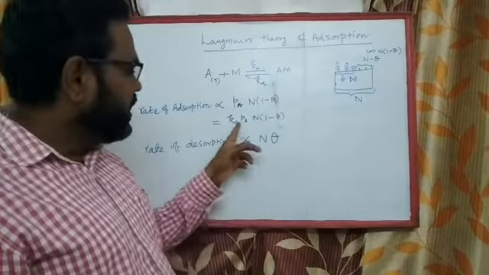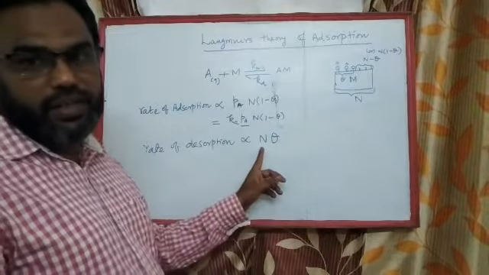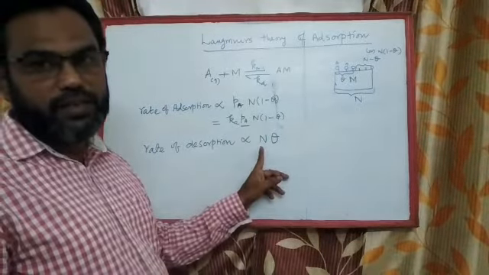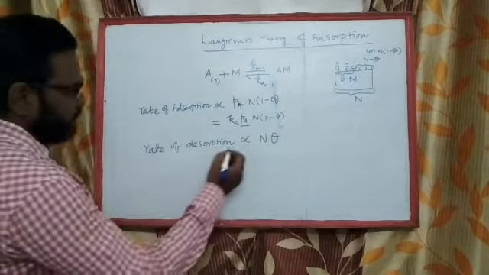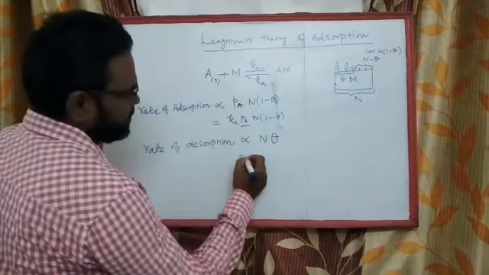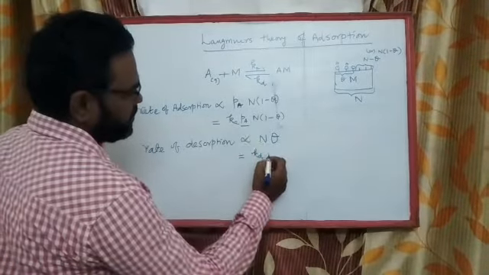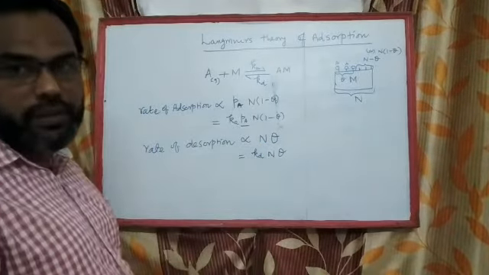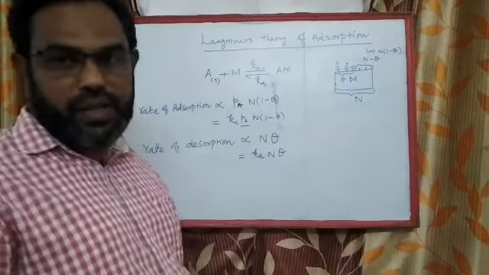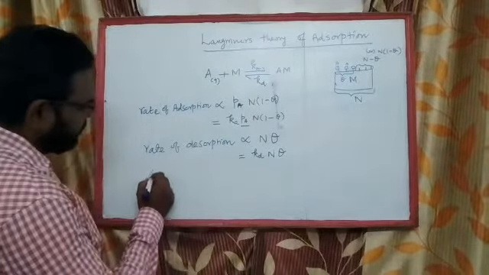And it is independent of the pressure. We don't include the term pressure here. Desorption is independent of pressure. So if I remove the proportionality, then the rate of desorption becomes Kd n into theta. Then a further assumption is made at equilibrium.